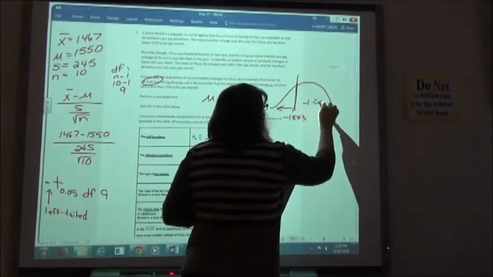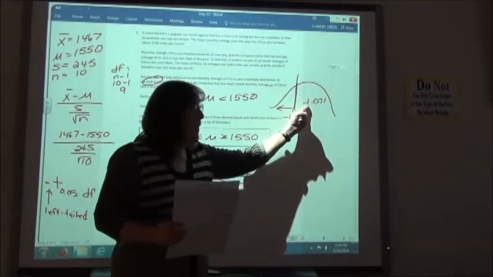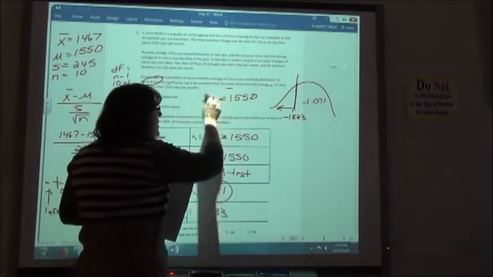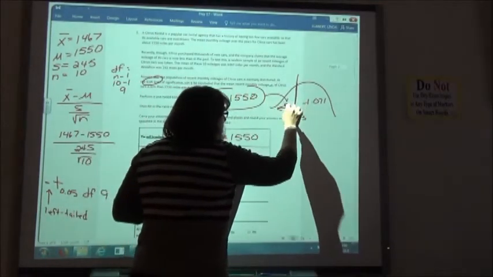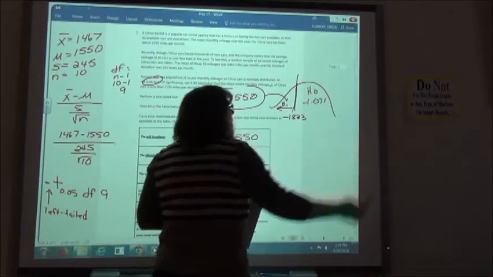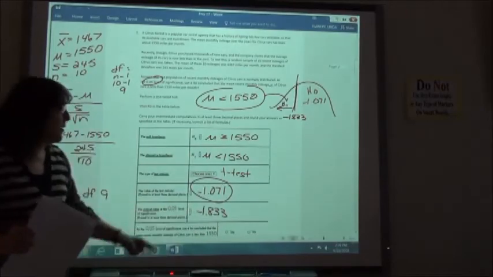Negative 1.071 would be in this section over here. This section to the left is our H1 answer. This section over here is going to be our null answer, greater than or equal to.